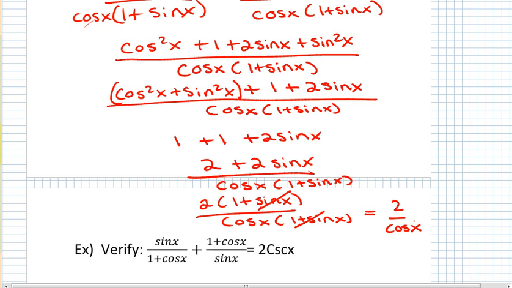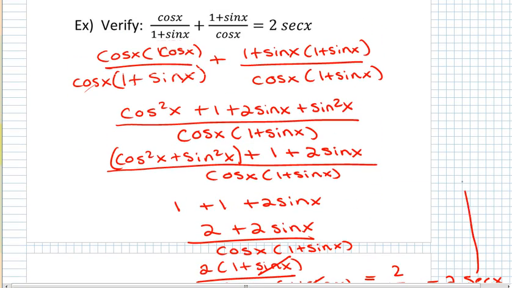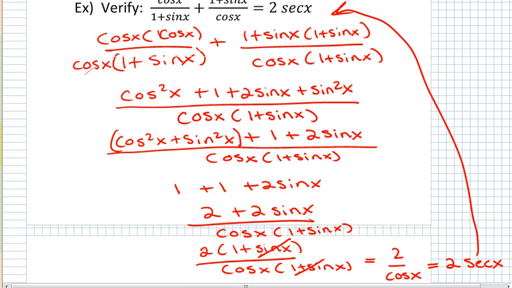And remember, 1 over cosine x is the secant. So 2 over cosine x would be 2 times the secant. And remember, that's what you wanted to end up with right there. So basically, you have finished the problem.